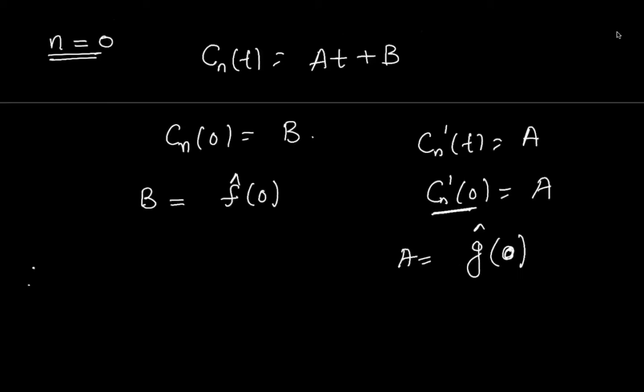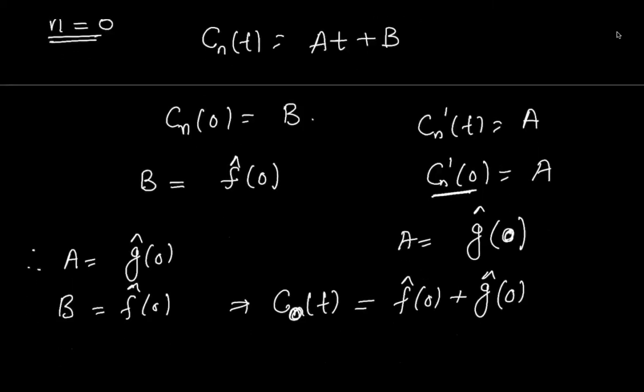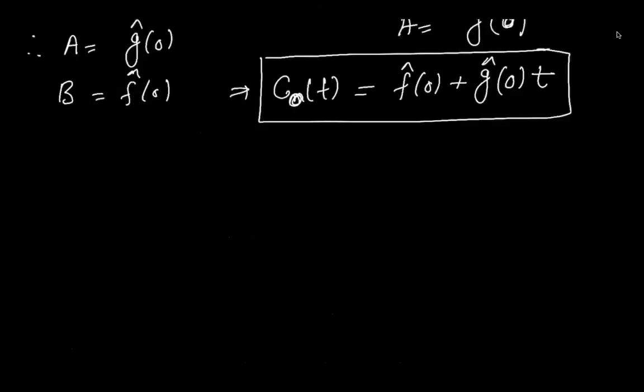So basically A is equal to g hat 0 and B is equal to f hat 0. This implies c_0(t) is f hat 0 plus g hat 0 times t. That is your c_0(t).